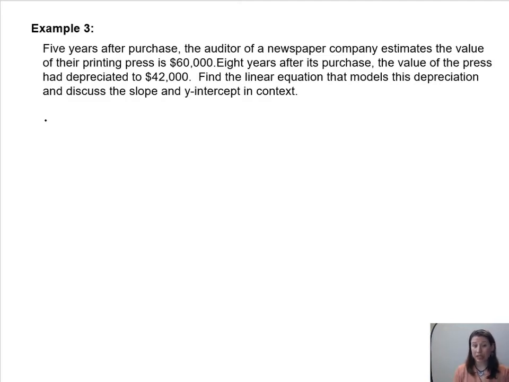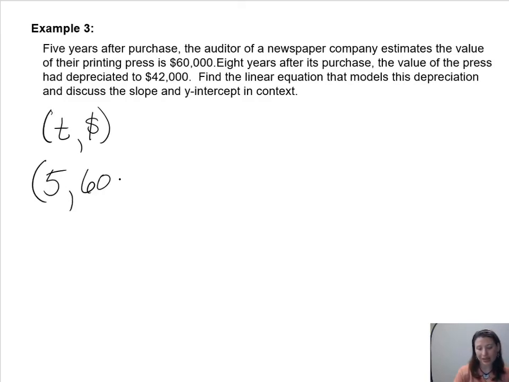Generally, we always put time in the x variable. So we're going to have it as time and then money. Then we have 5 years and 60,000. Notice I didn't put a comma there, because it gets a little confusing when you have commas in your numbers within an ordered pair, with a comma already there in the format.